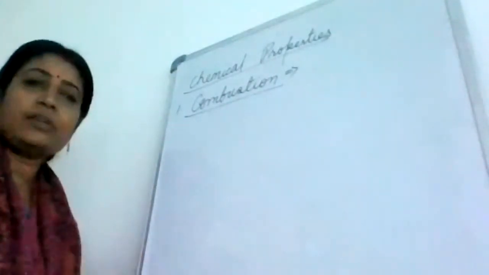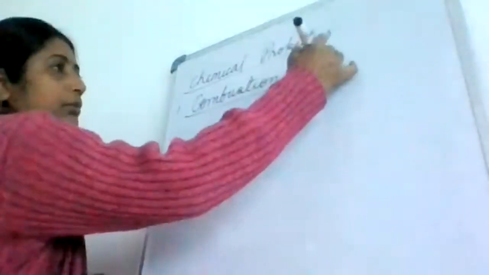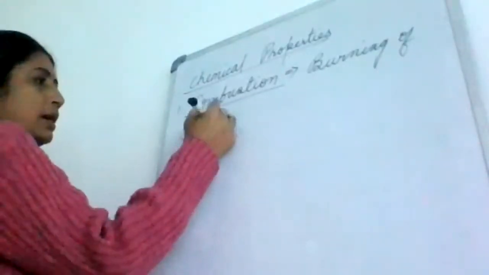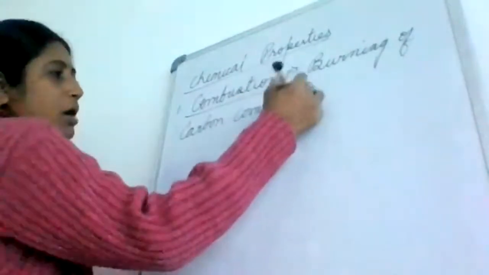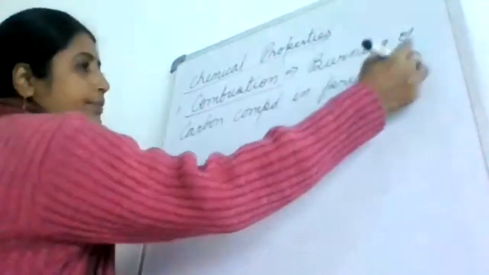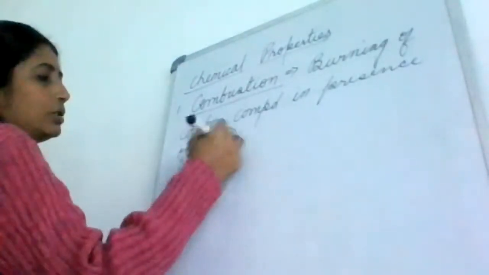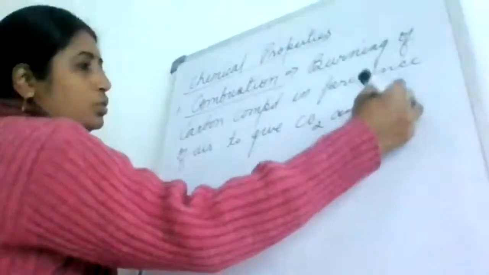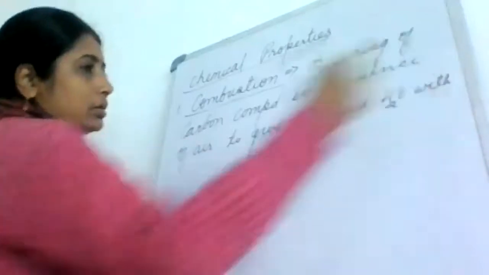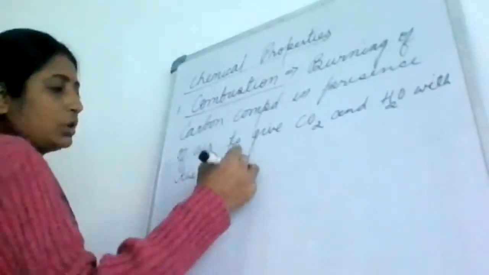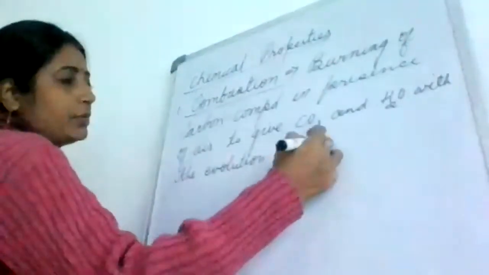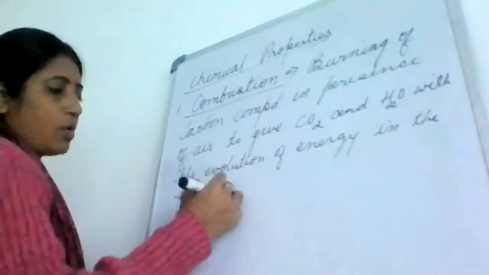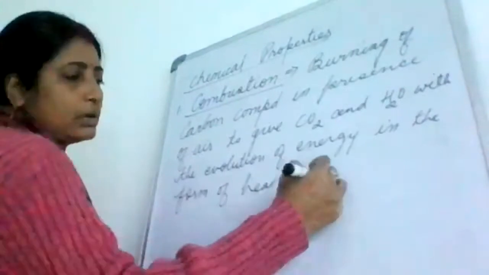What will be the exact definition? Burning of carbon compound in presence of air to give CO2 and H2O with the evolution of energy in the form of heat and light.